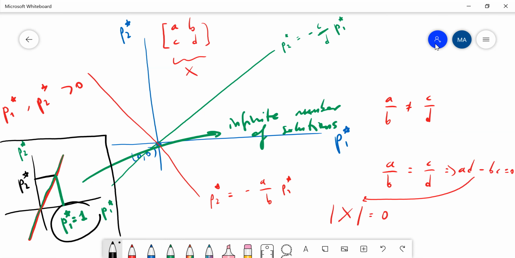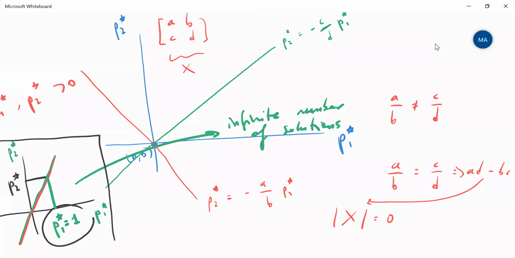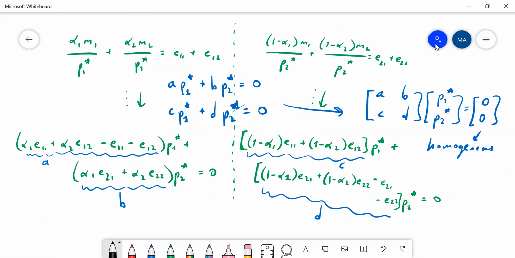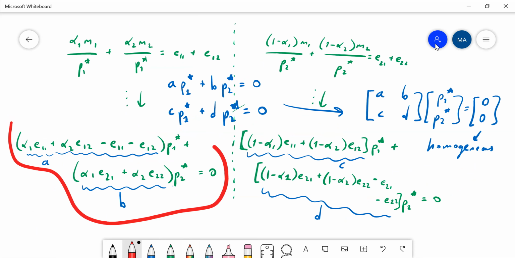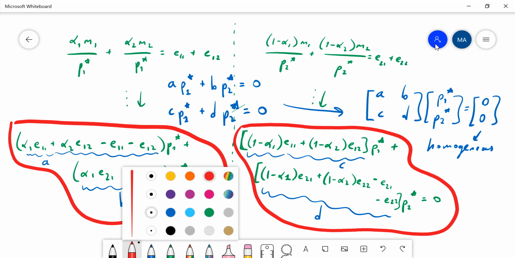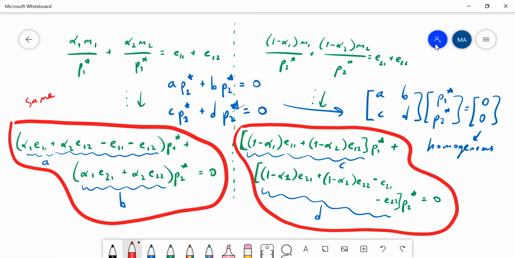Okay? This means that because of Walras' law, these two equations, this equation and this equation, basically carry the same set of information. So you introduce new information.